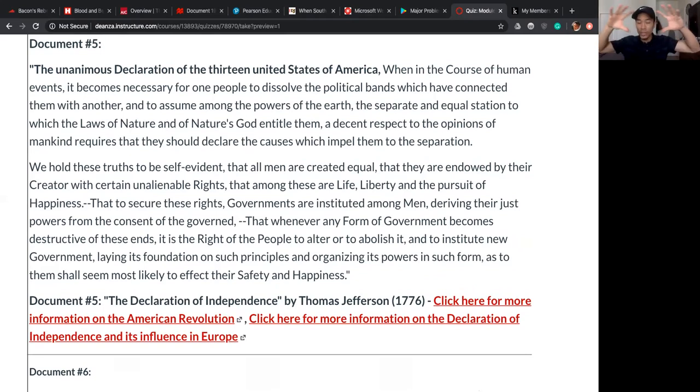Because the Enlightenment is a social factor. I want to make it clear, that's a social factor, meaning that it was ideas and culture that really inspire revolutions.